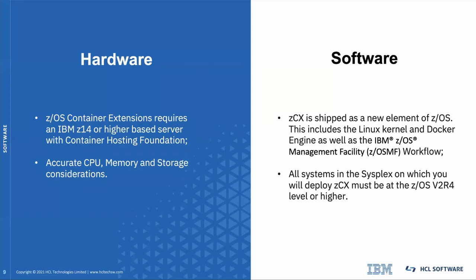Probably yes, the latest one is Z15. But basically, you need at least Z14 for supporting zCX. And of course, you have to consider CPU, memory, and storage allocation specific for zCX. So you need to take a look at the manuals and see what is required to start a zCX instance.